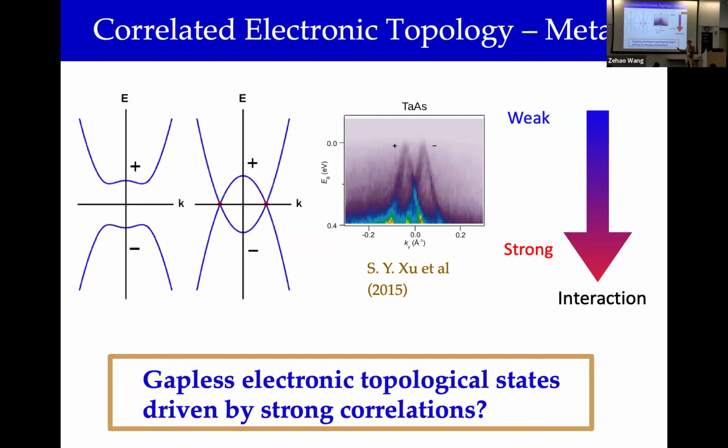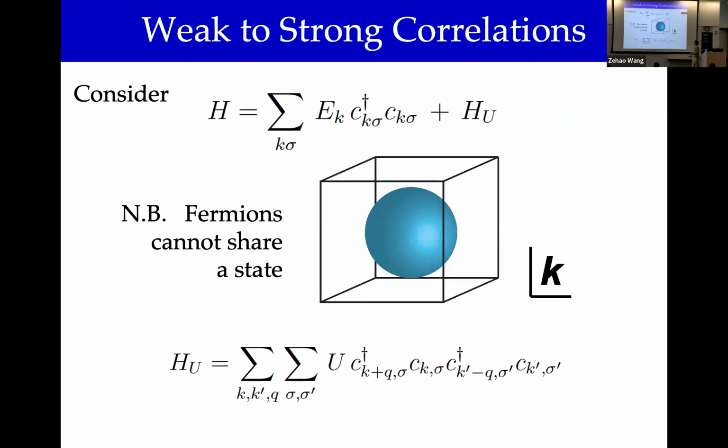This is not the only context where the interplay of interaction and topology can be asked, but it's one overarching theme by itself. These are gapless electronic states, and the question of the effect of correlation very much connects with the question of electron correlations in metallic systems in general.